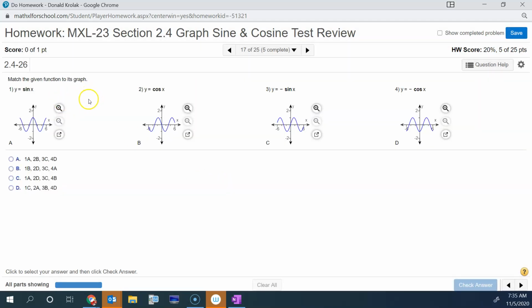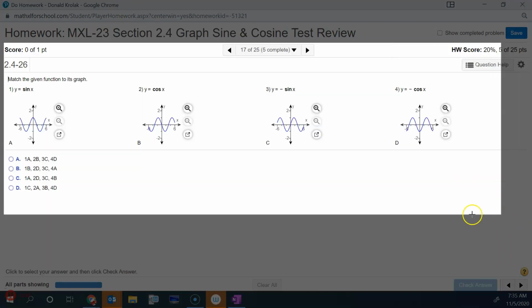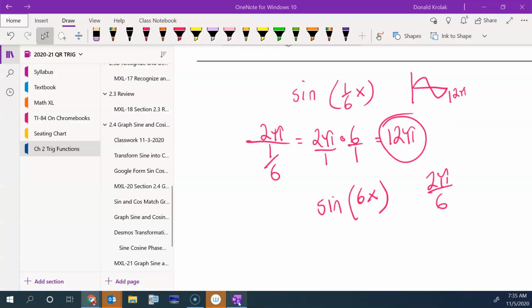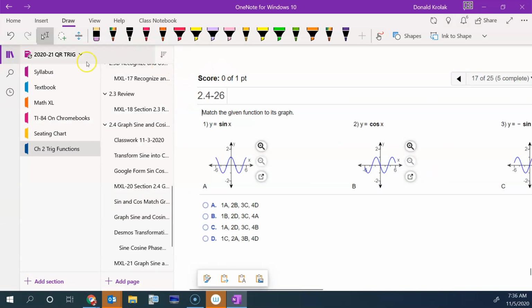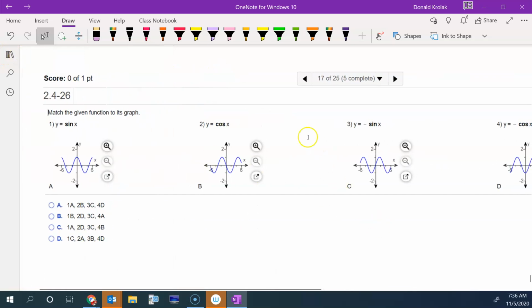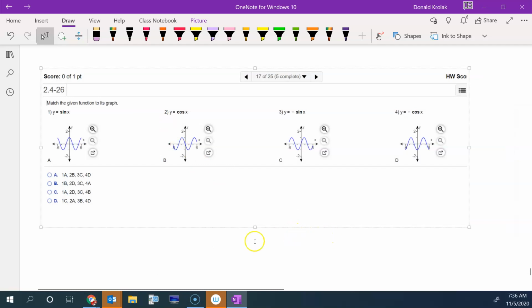All right, now we got to match up the graphs. So we're looking for which one of these is the sine, the cosine, etc. So let's see, second. All right, there's our drawing.